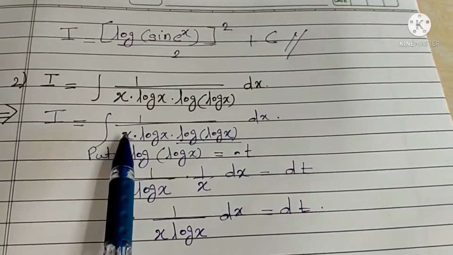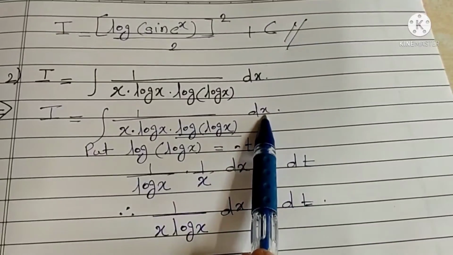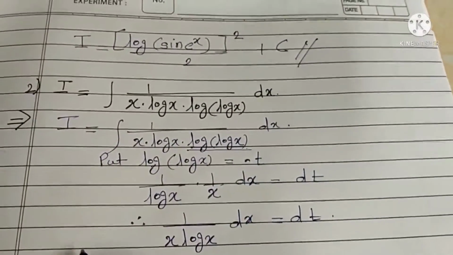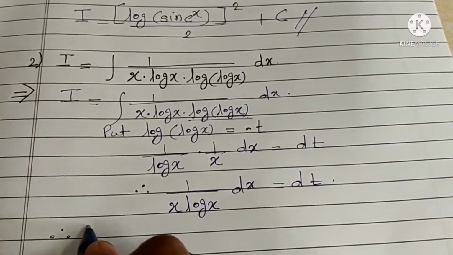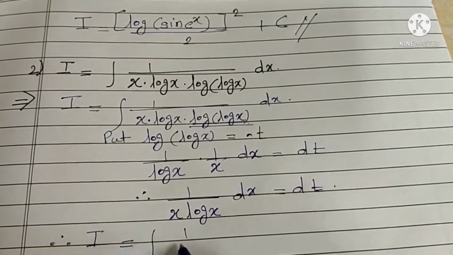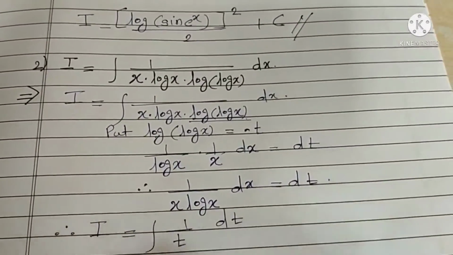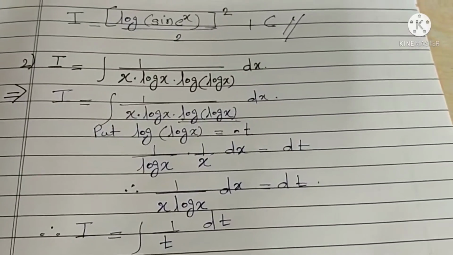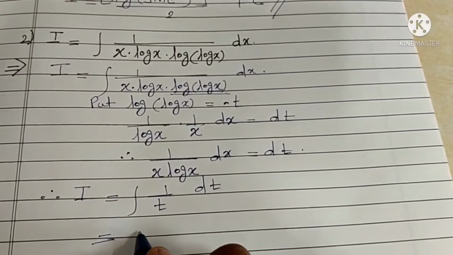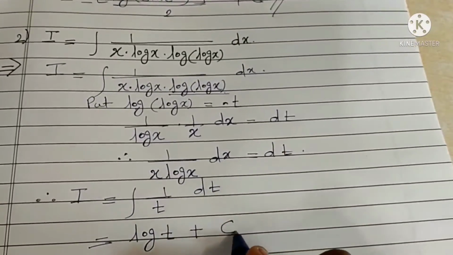Now you can observe that this 1 upon x log x dx is the value of dt, and this log of log x is t. So therefore I is equal to the integration of 1 upon t dt. And we know the rule of integration: the integration of 1 upon x is log x, so it is log t plus c.